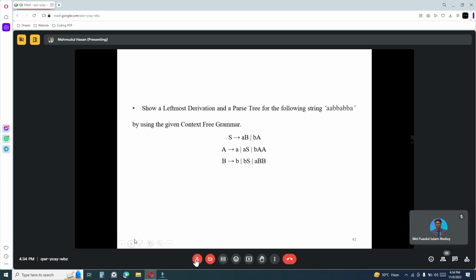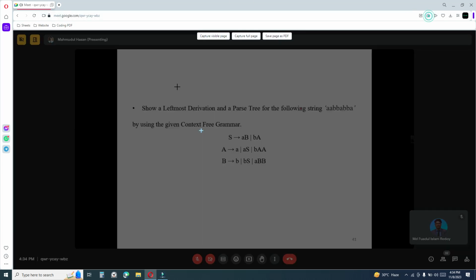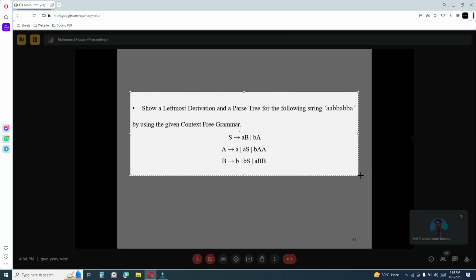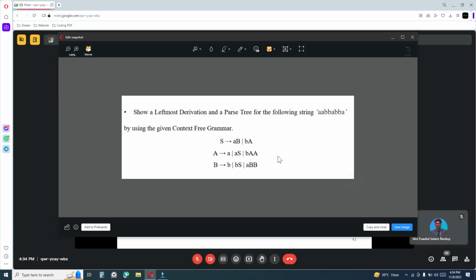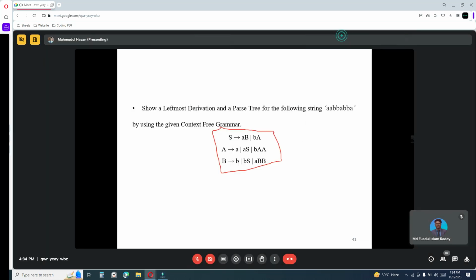This one was your homework, and I think many of you will solve this one. So this is an ambiguous grammar. That means there is more than one leftmost derivation for this input string.